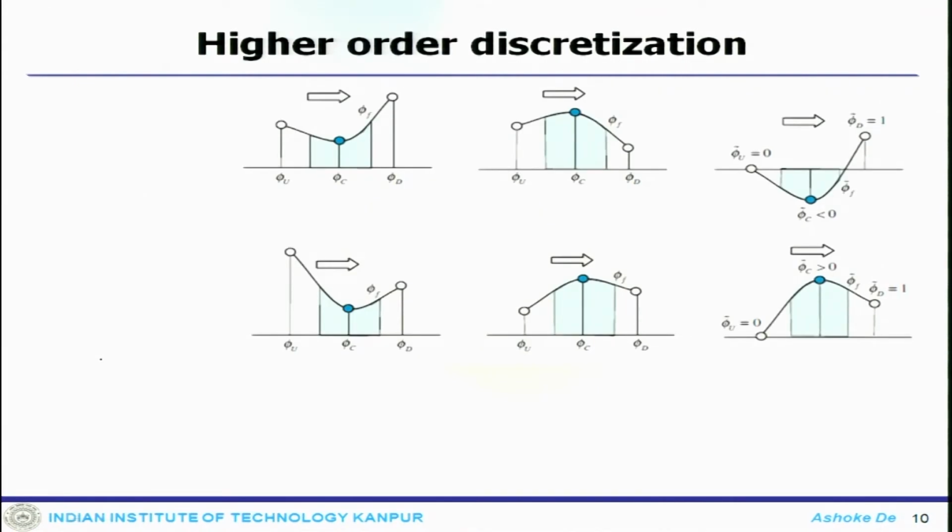This is shown in this particular graph, where this case is the case where phi c tilde is less than 0. So, phi c tilde less than 0 indicates that there is an extremum at point C. This is my cell which is concerned, this is the downstream, this is the upstream, and this is the flow direction.